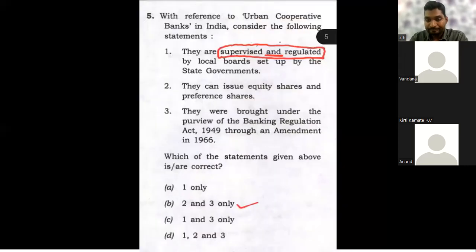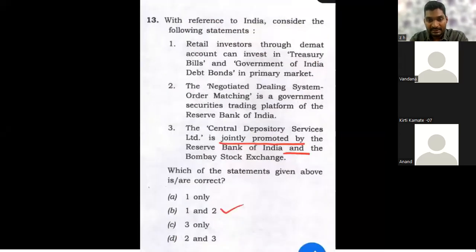Let's take an example from the same question that we just did. Here we mark statement 3 as wrong, but statement 1 is right, although it has 'and'. Recent retail investors through Demat account can invest in treasury bills and Government of India debt bonds in primary market. So the main differentiator here is we are following a rule that UPSC has been following over the years.